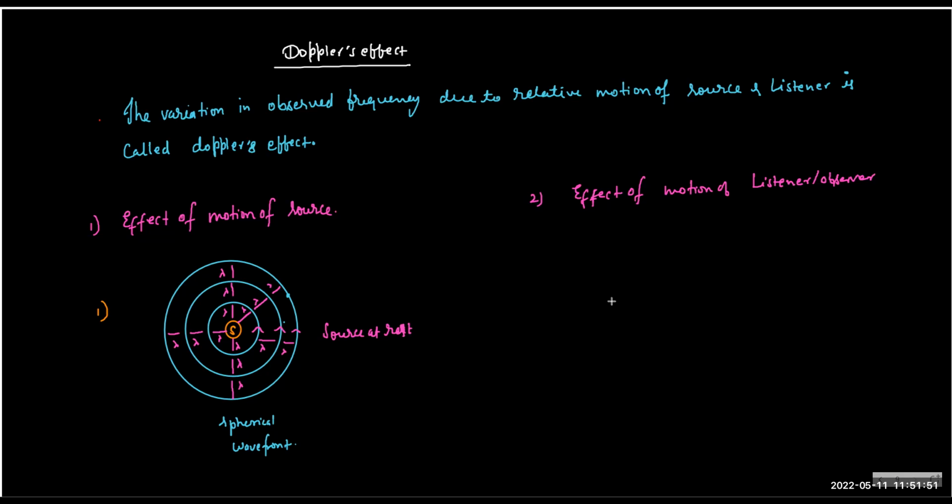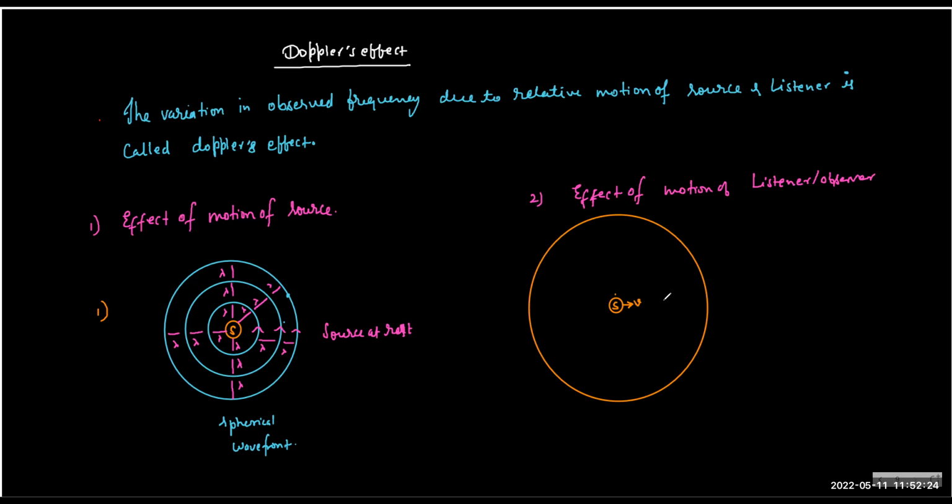Now, the effect of source motion. The moment the source starts moving, the wavefronts cannot be concentric. Why? Imagine the first wavefront was emitted when the source was here. After some time t, the wavefront has grown this much. This is with respect to where the source was when it emitted, and you're moving forward.